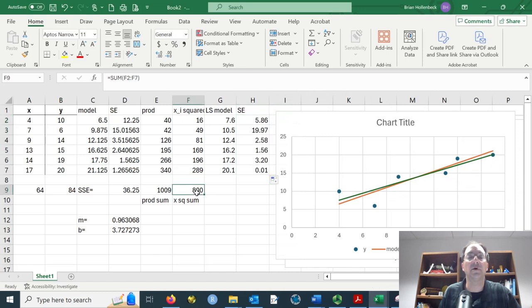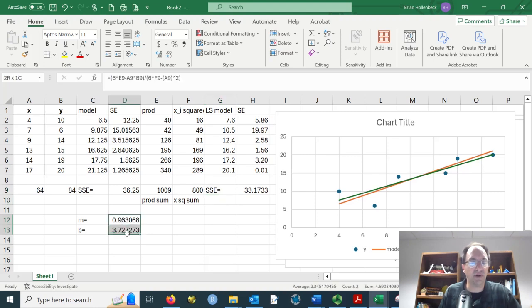Drag that down. And sure enough, we get 33.2, which is definitely less than 36.25. All right, and so that is apparently the best possible SSE we can find.